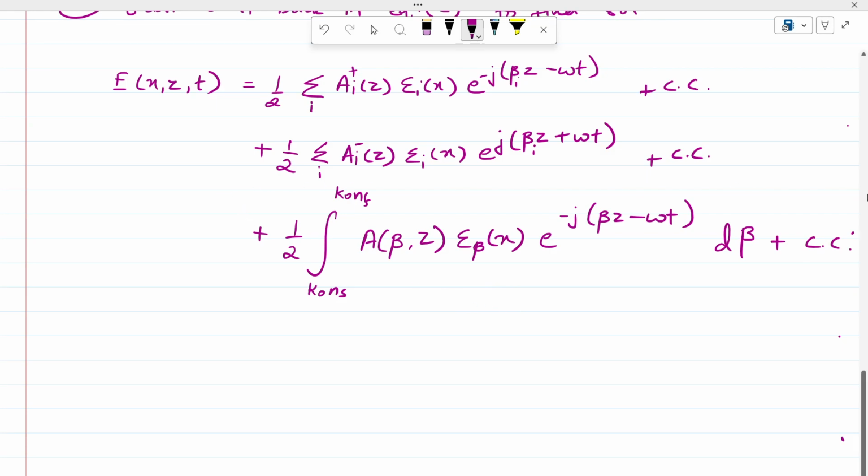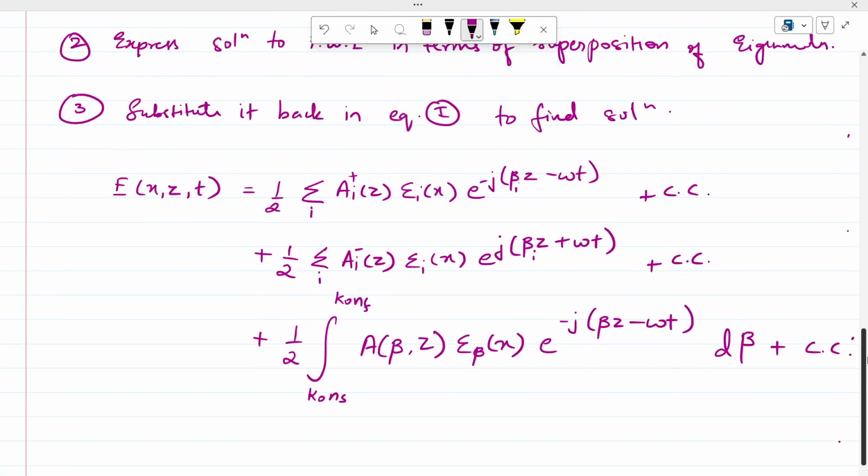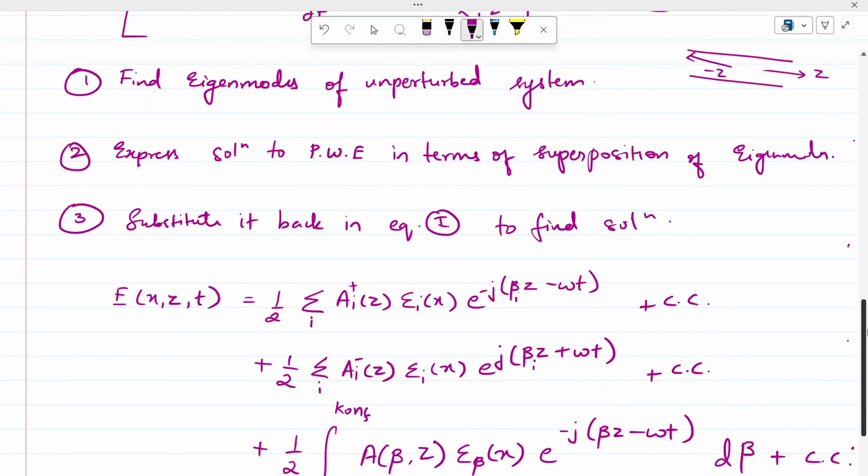So this term corresponds to the radiating mode term. However, since these modes are radiating, these amplitudes will die down fast as z increases. So this is just to understand how we should approach the problem.